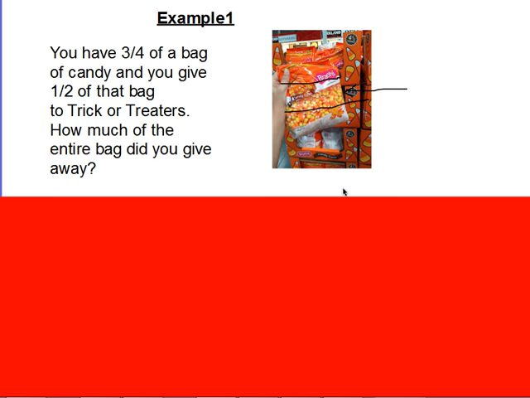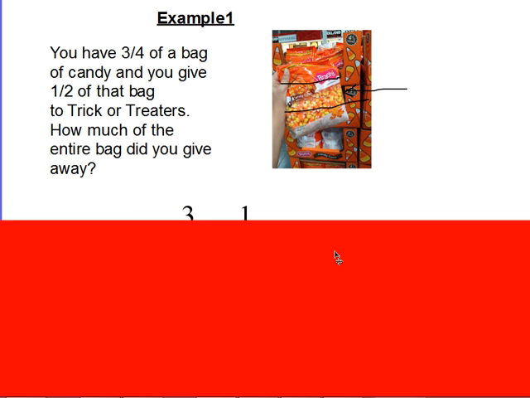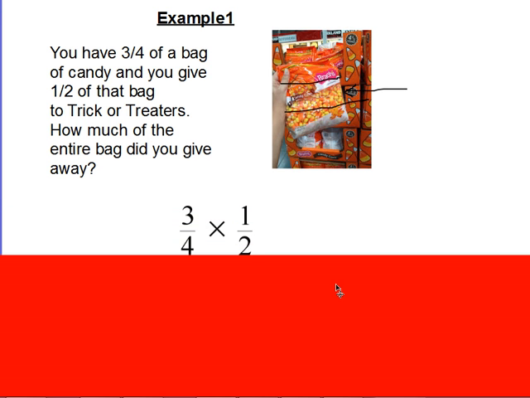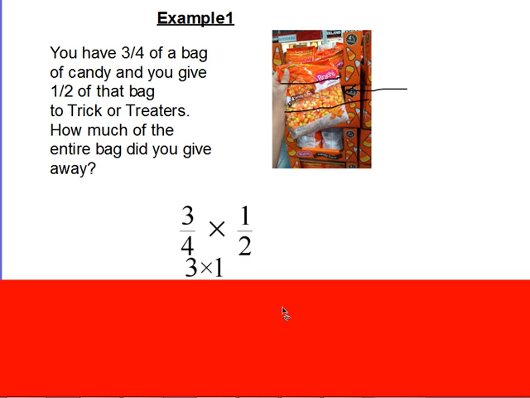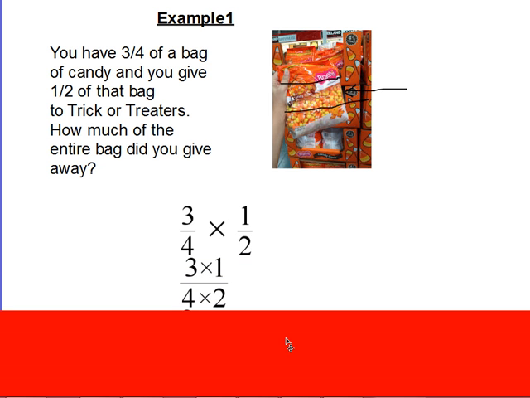Now I can set up an equation, I can set up a problem with my fractions like this, where we have 3/4 times 1/2, because I have 3/4 of the bag that I used, and I want to find out what 1/2 of that would be. So once I set this problem up, I can also write it out as 3/1 times 4/2.